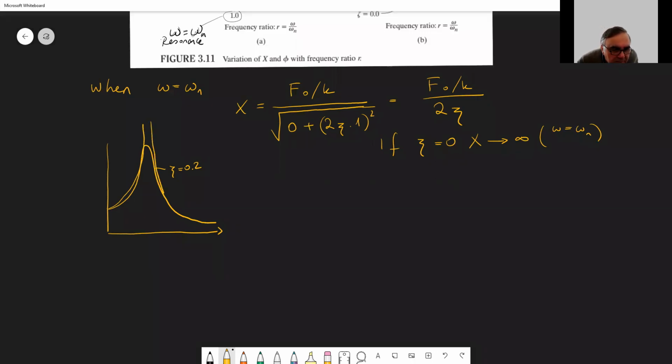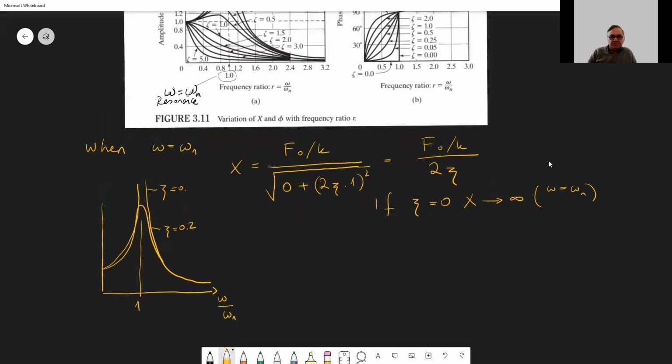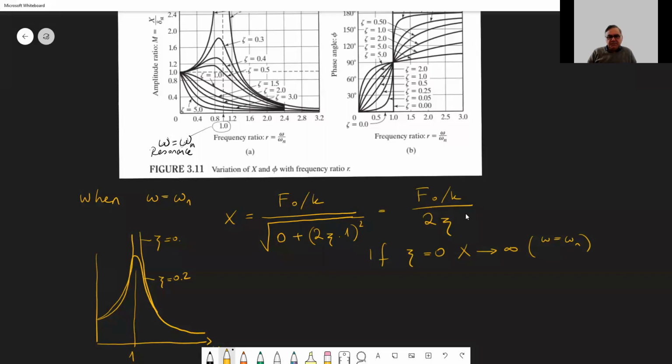So this is where zeta is 0. The amplitude goes to infinity, which means that you are constantly adding energy to the system. And if there is some damping, the amplitude does not go to infinity, but it becomes very large, as you see. The system vibrates at a high amplitude of vibration, not rate.